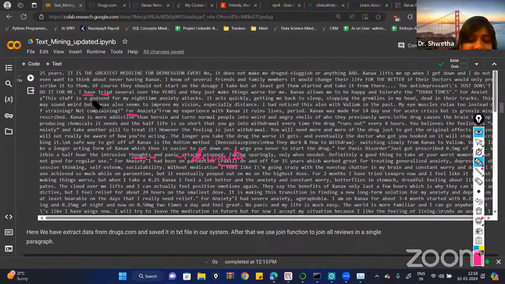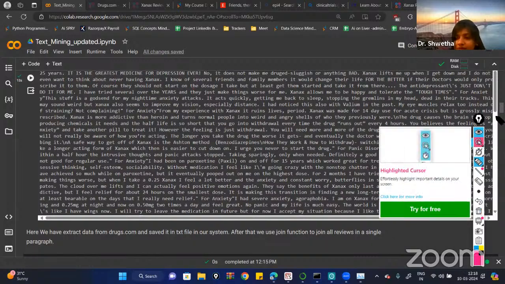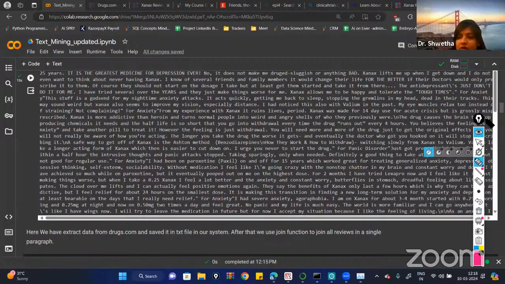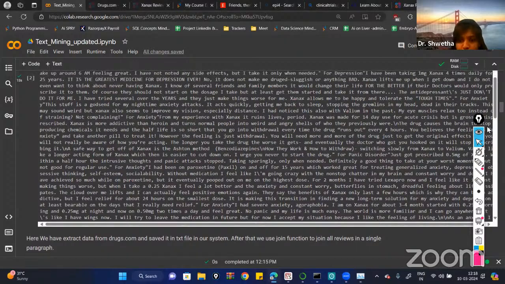Then it will convert all of these into lowercase letters, and then tokenize or split the data whenever there is a space. For every space, the data will be split. In short, we are converting them into tokens.